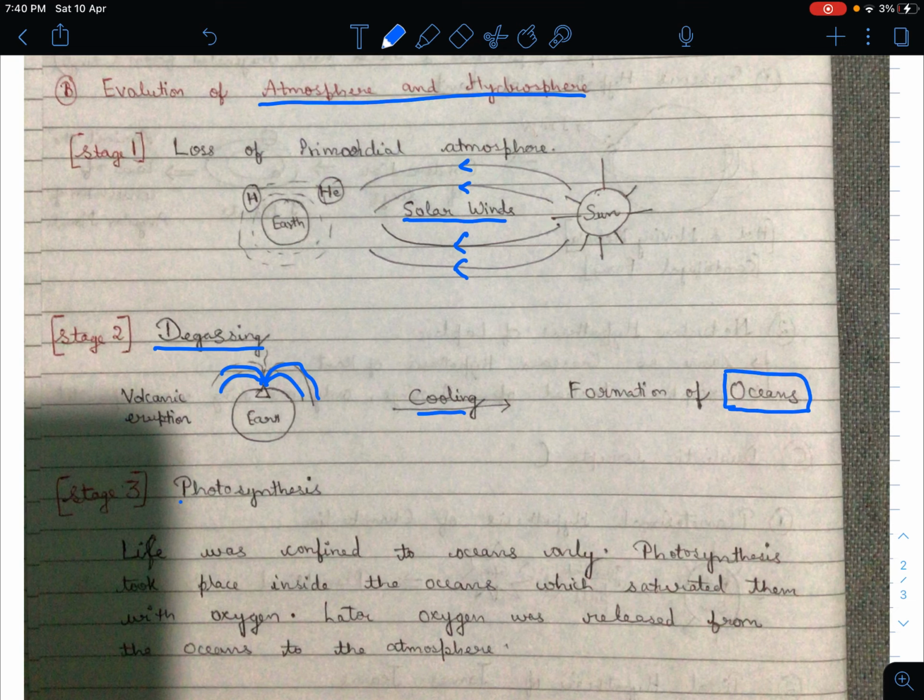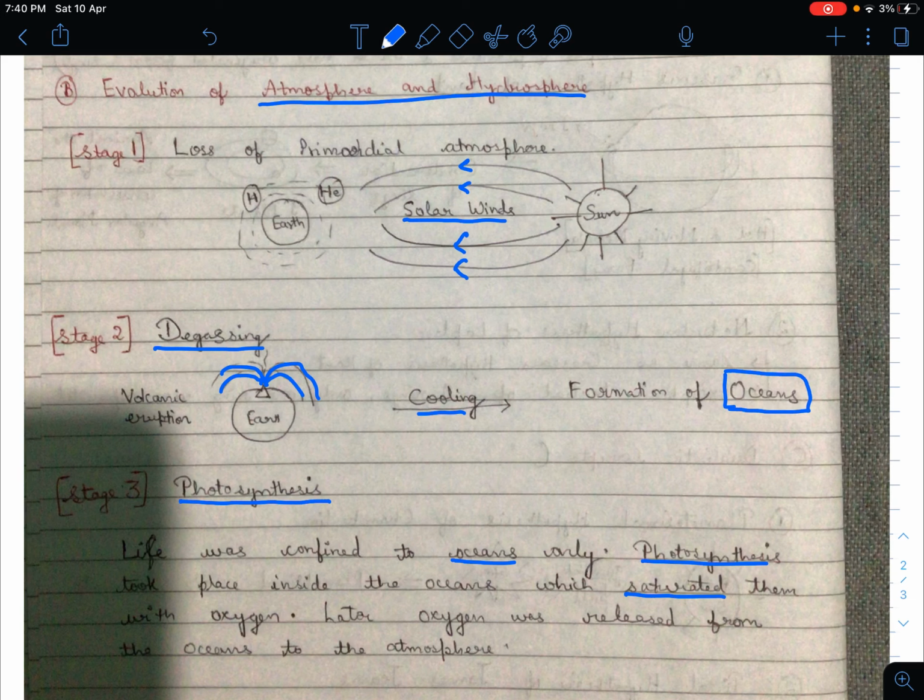In the next stage, photosynthesis took place. Life was confined to oceans only. So where was life first found? In the oceans. And there only plants were there, and photosynthesis took place. Photosynthesis took place inside the oceans, which saturated them with oxygen.